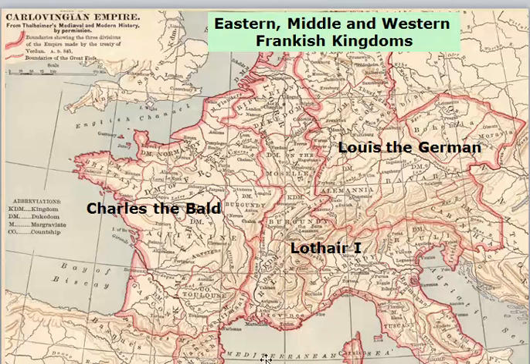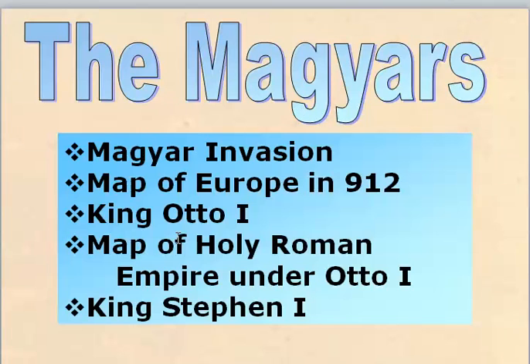So these were the three empires that were divided. You have Louis the German, Lothair the First, and Charles the Bald. So France has been broken up, and that'll be the end.